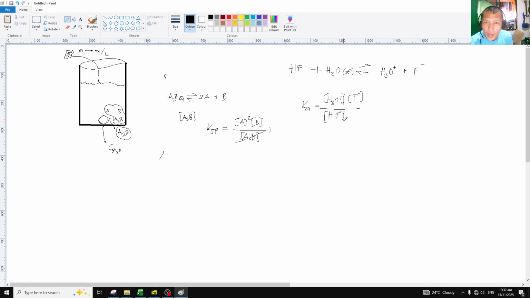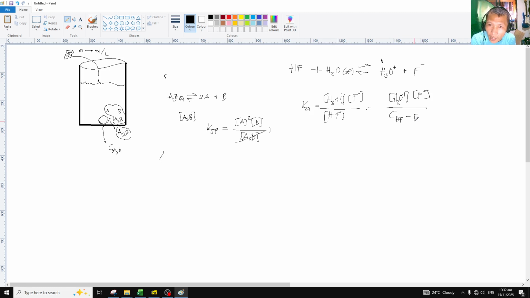Now, percent ionization. Usually it is what you measure before you mix it, before you even mix it with water, what HF disappears. The HF that disappears is what forms H3O plus, in terms of number.